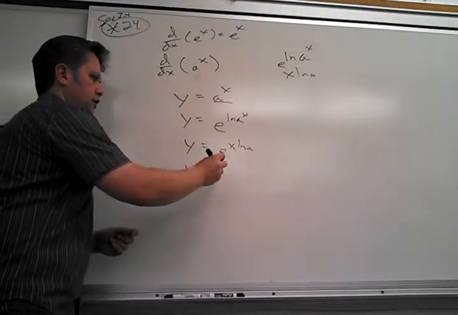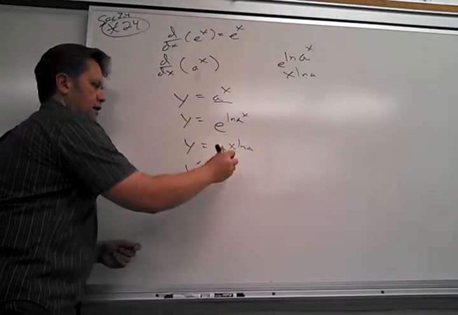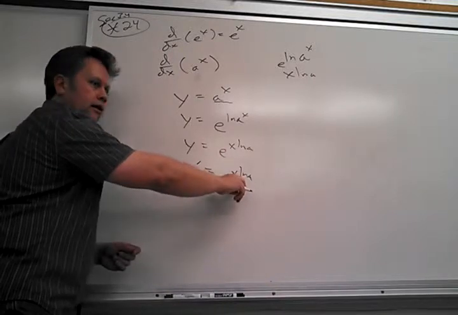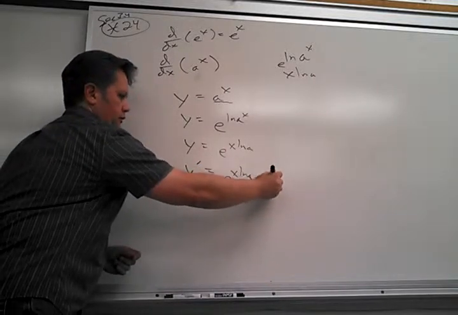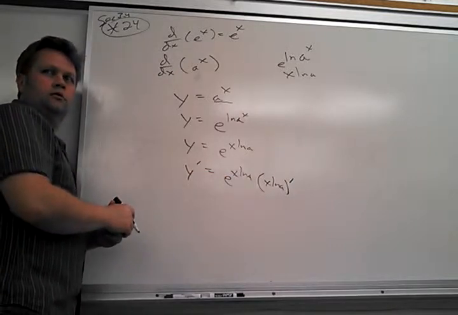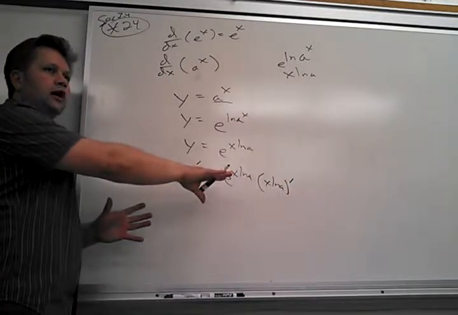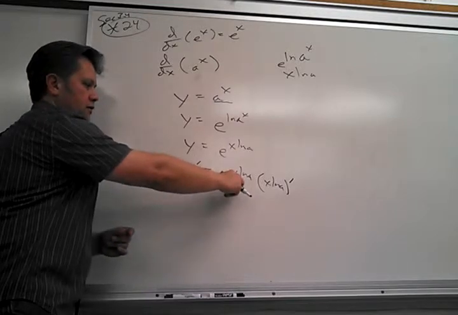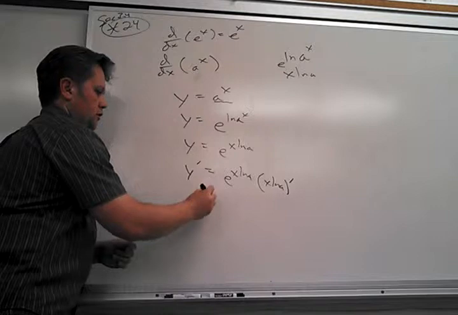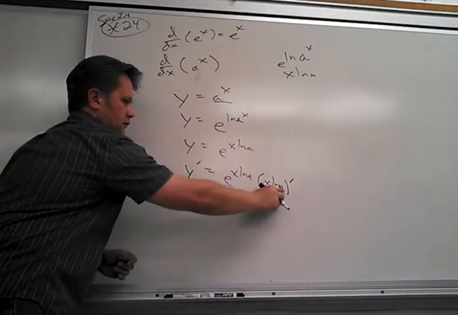Chain rule says derivative of the outside function first, so that's itself, with that thing still in it, times the derivative of this. That's chain rule. So that's writing the rule down. The rule says derivative of the outside function times the derivative of the inside function. So then, what's the derivative of this?